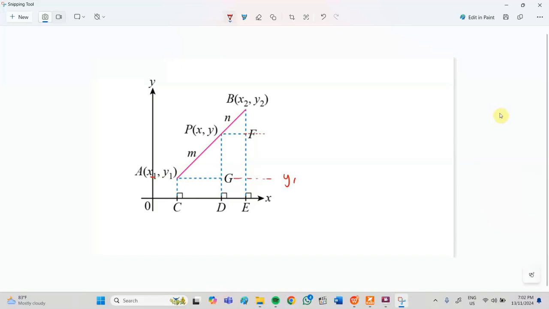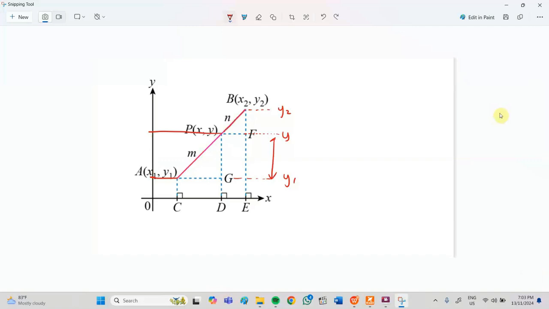For point F, it has a height of y. And here, of course, is y2. If we project this part of the line to the y-axis, you will see that the height here corresponds to this line here. So the height between these two corresponds to the line AP.